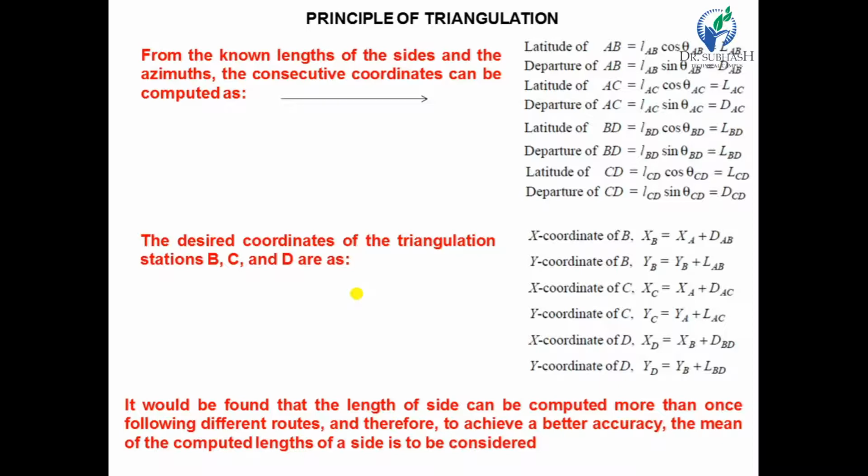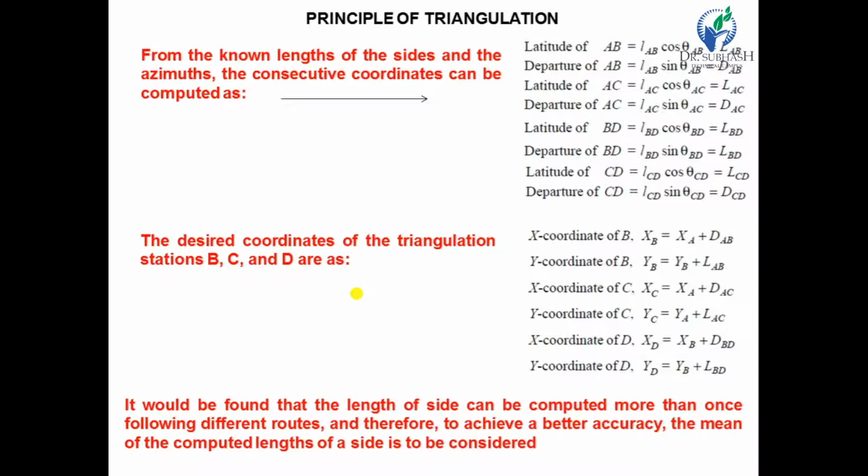From the ground length of the side and the azimuth, the consecutive coordinates can also be computed. So the latitude of AB is equal to LAB cos theta. That is the common formula for calculation of latitudes. And departure is L sin theta, the common formula for calculation of departure, so the departure of AB is equal to LAB sin theta AB.